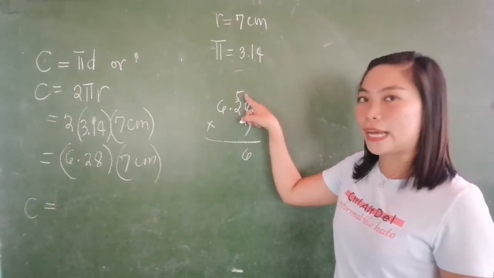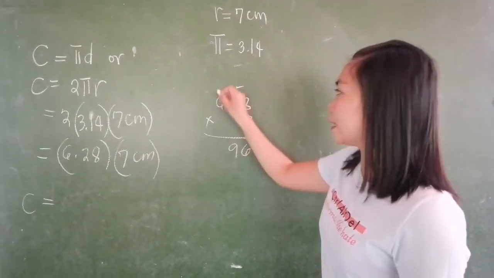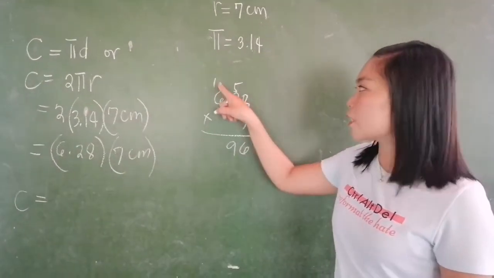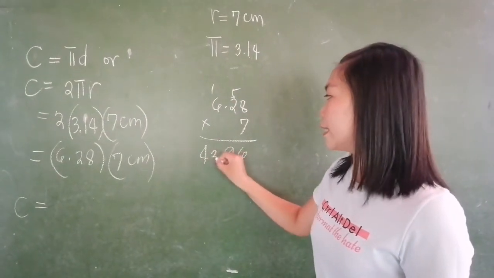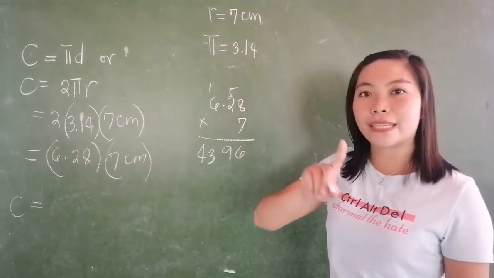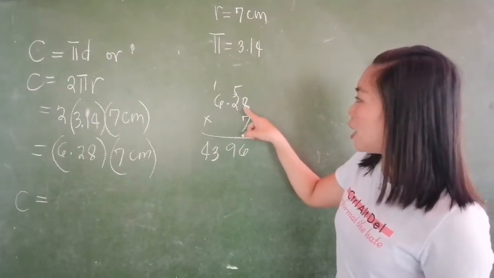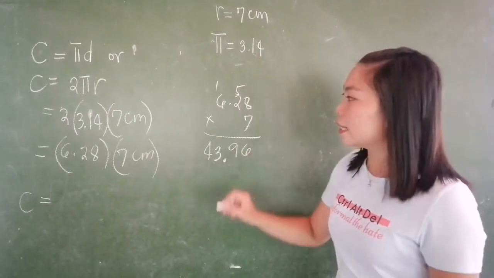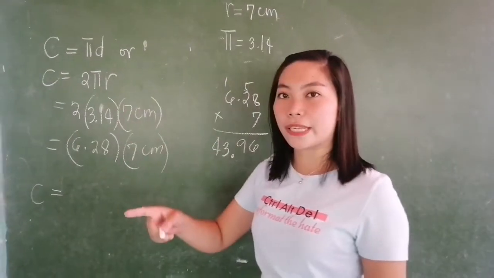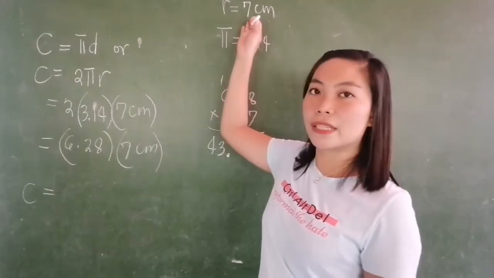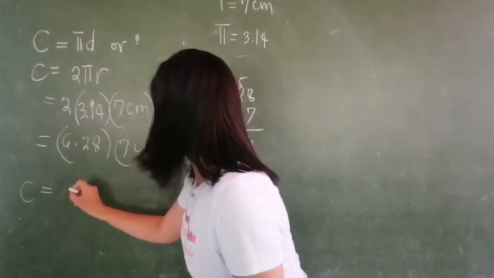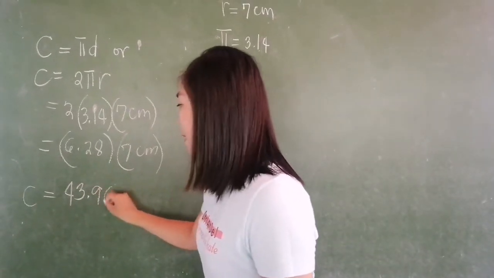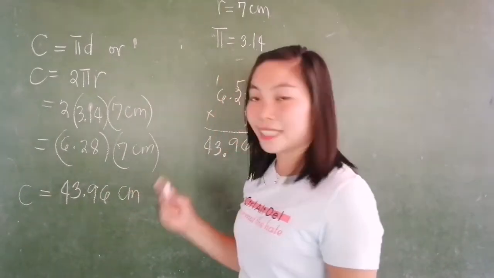Plus a 5, you have 19. So, write 9, carry 1. 7 multiplied by 6, you have 42. Plus 1, 43. Now, count the number of the decimal. You have 1, 2. So, 1, 2. Therefore, the circumference of a circle, given the radius 7 centimeters, is equal to 43 and 96 hundredths centimeters.